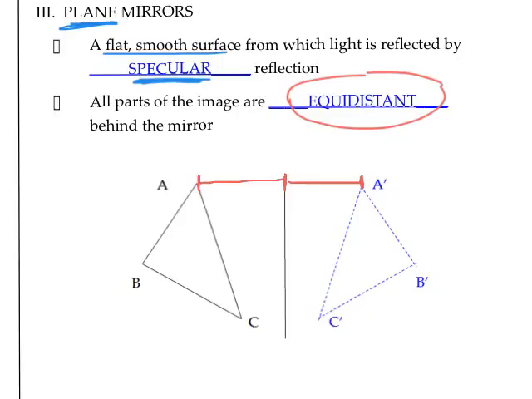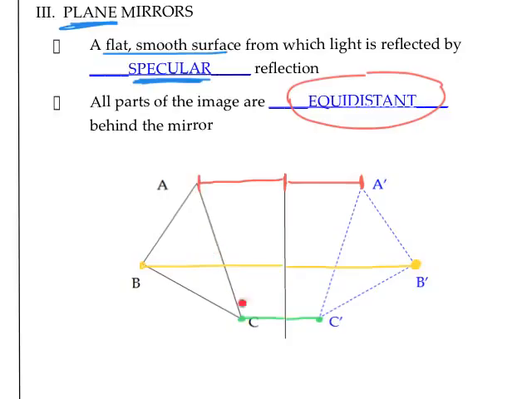And I could do that with each of the 3 points. So if I were to measure from point B to the mirror, the reflection that I see for point B appears to be that same distance back. And then for point C, we could do the same thing. From C to the mirror would be the same distance as where C appears to be in the reflection in that mirror.